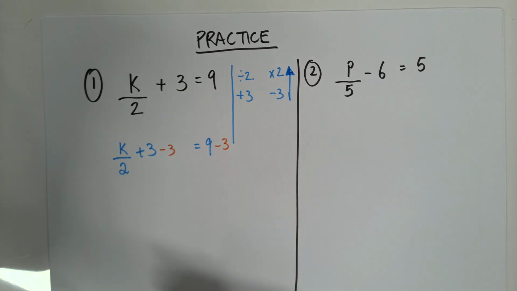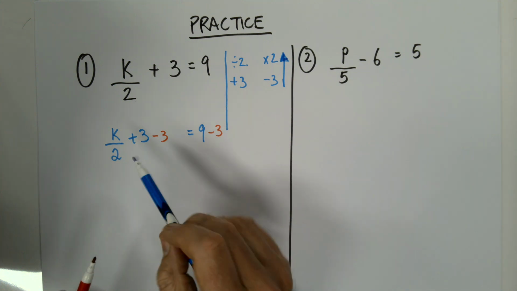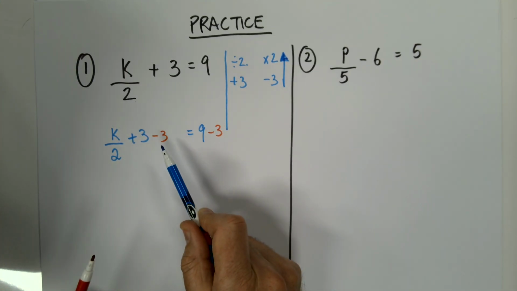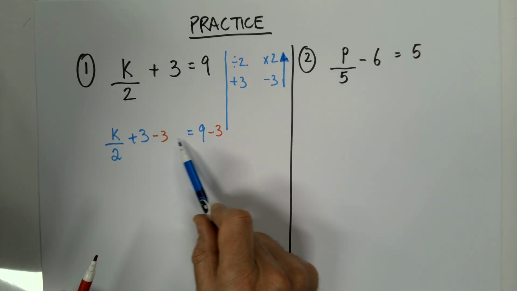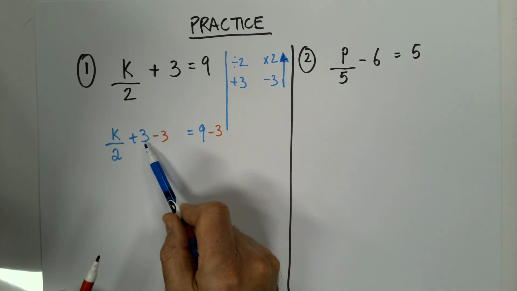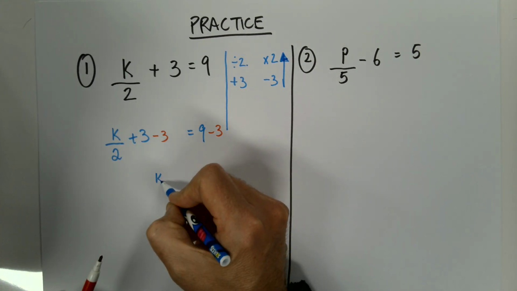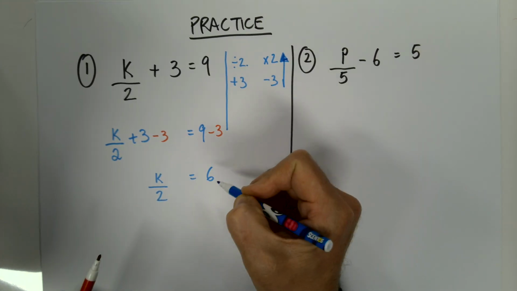You don't need to use two different colours, you realise. I'm just doing that so you can see what's going on. Once you get really used to this, you don't even have to write this out. You can just go straight to the application of subtracting 3. But anyway, so that goes to nothing, and that goes to 6. So I've got k over 2 equals 6.